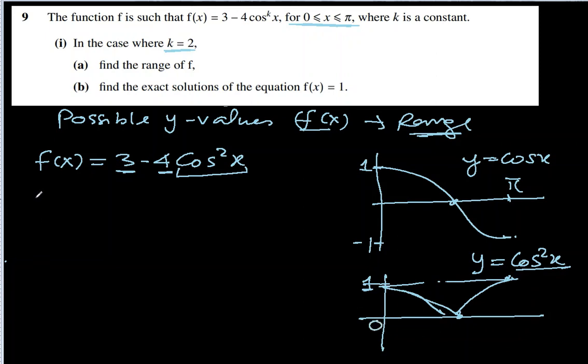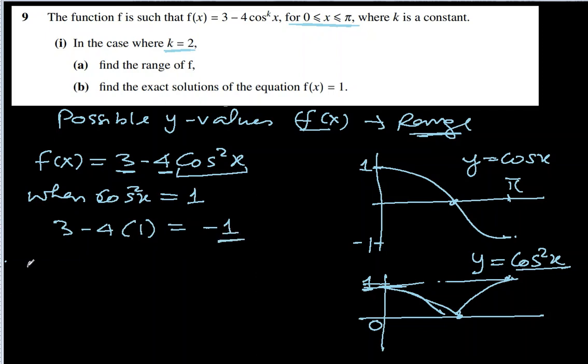So let's put the first value. When cos square x is 1, what will be the range? Let's see. 3 minus 4 times 1, which is minus 1. This is one of the values. When cos square x is 0, that will be the other extreme value. 3 minus 4 times 0 is 3.